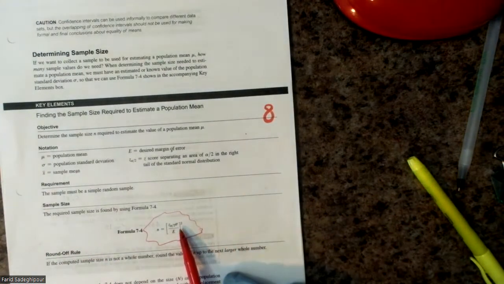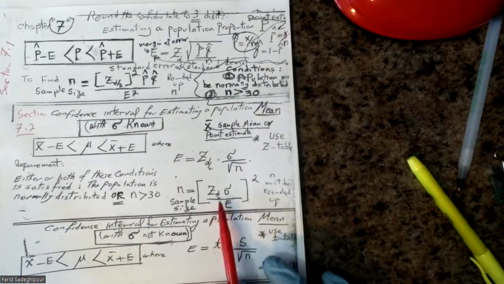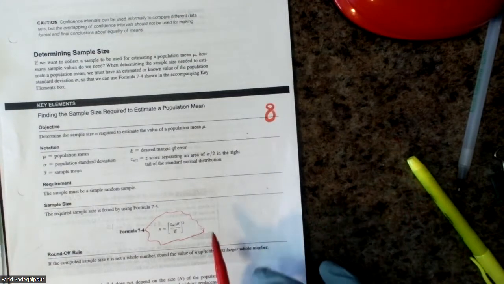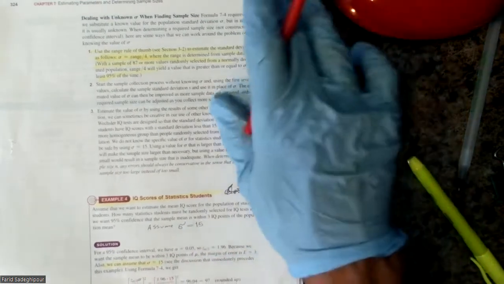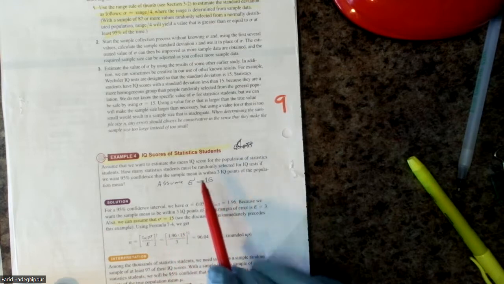Again, this is a formula we use when you want to calculate the sample size. And it has Z in it, which means we don't have it for the other one yet. In these examples, a 95% confidence interval gives you the Z of 1.96.